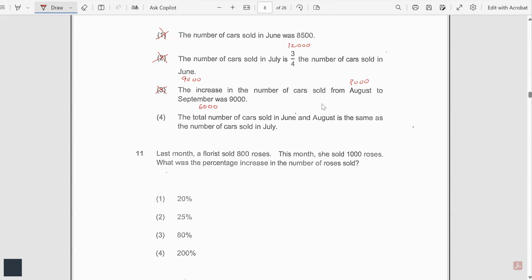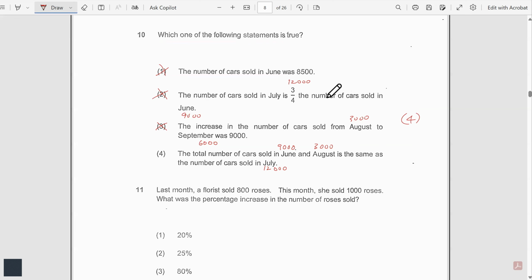So no, not true. Total number of cars sold in June and August, same as the number of cars sold in July. So for June, it's 9,000. August, 3,000. July was 12,000. So it's true, right? 9,000 plus 3,000 gives you 12,000. So answer is 4. Statement 4 is true.